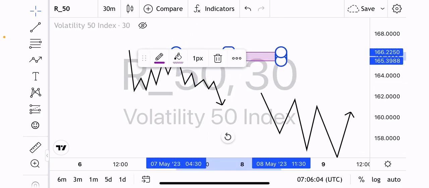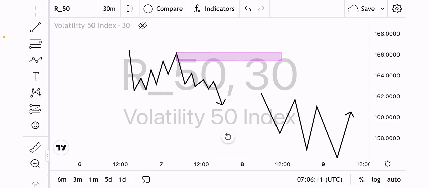So that is why we call that area our origin. The market started selling from that area, so that is why we classify it as the origin zone.